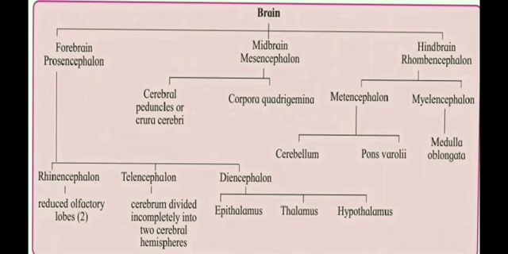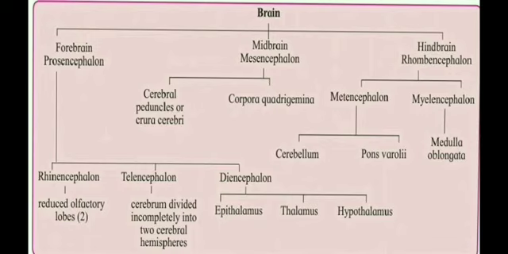Forebrain consists of three parts: rhinencephalon, which we also call olfactory lobes, then telencephalon, which we call cerebrum, and diencephalon. Olfactory lobes or rhinencephalon consist of olfactory lobes, olfactory bulbs and olfactory tracts.